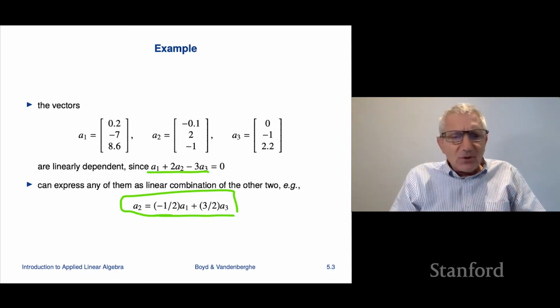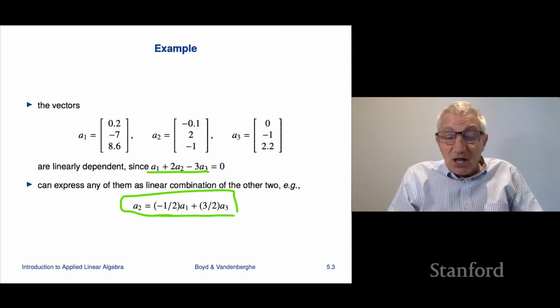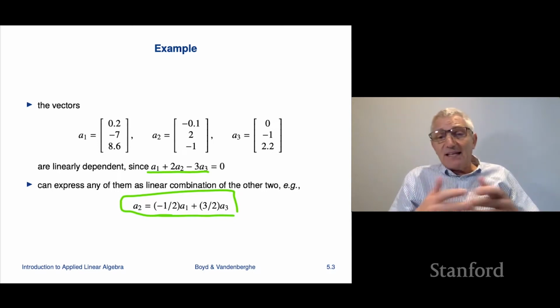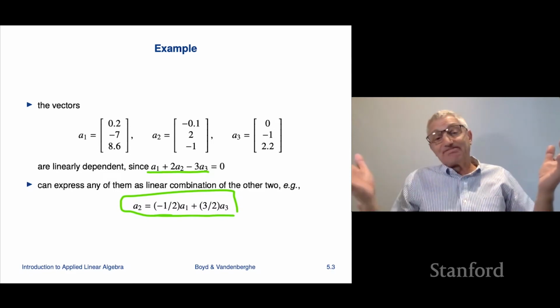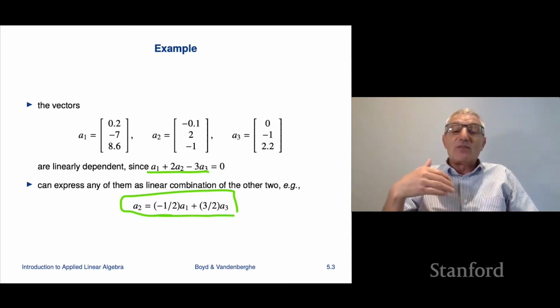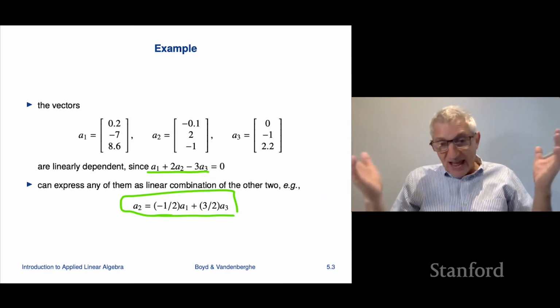I don't know if you remember, a long time ago, we looked at how you can represent a 2-period loan as a linear combination of two 1-period loans. So then you would say that you have replicated the 2-period loan cash flow.